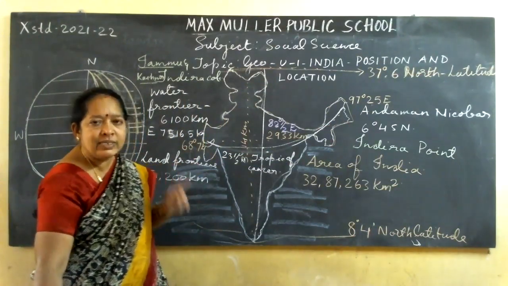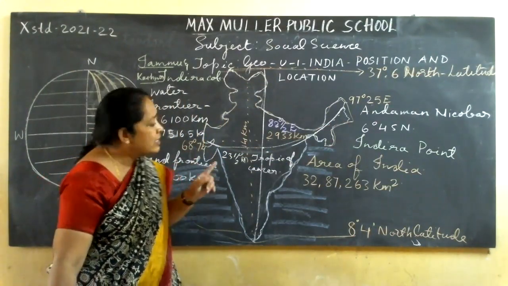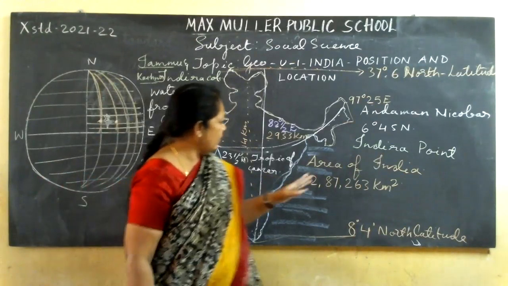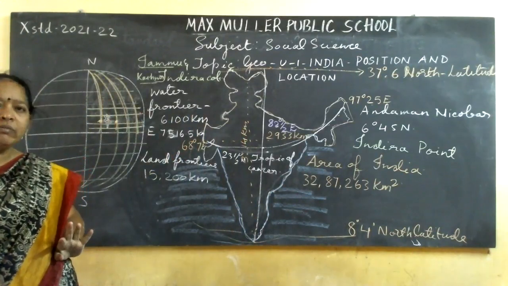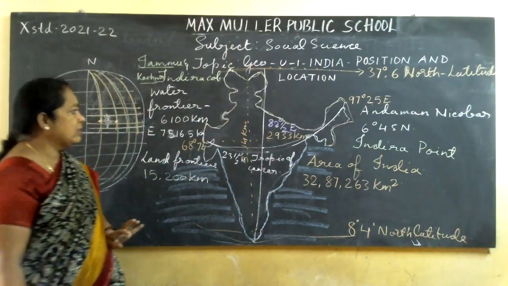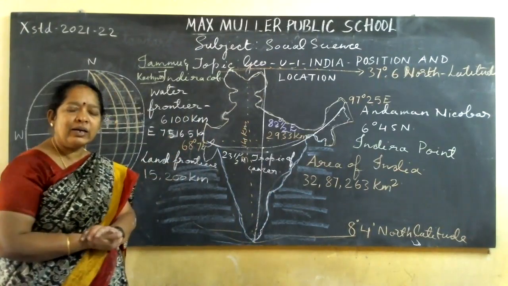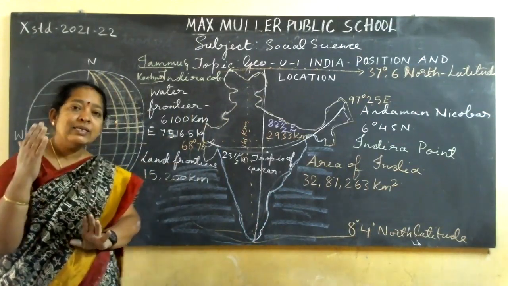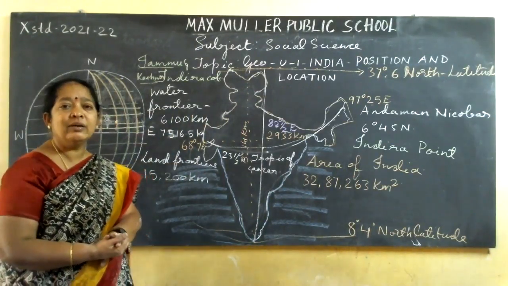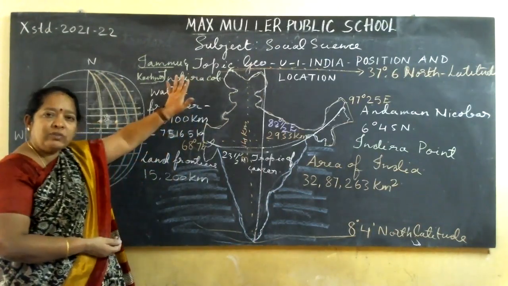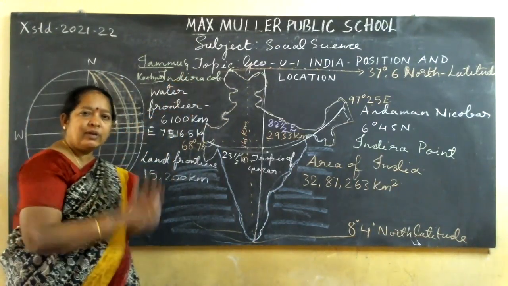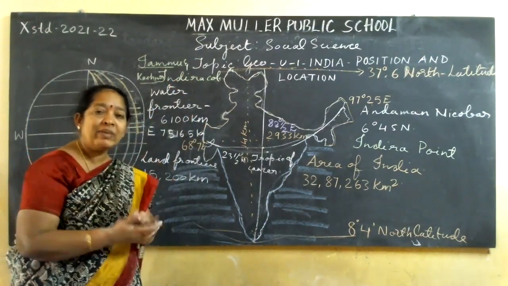Including that, it is 7,516.5 kilometers. Next, our neighboring countries: India is the 7th largest country in the world, and there are 7 neighboring countries.